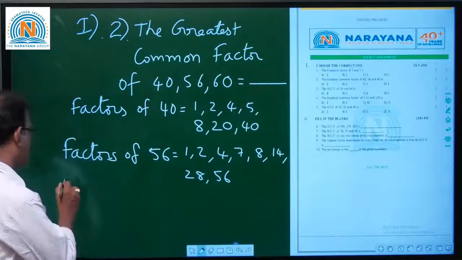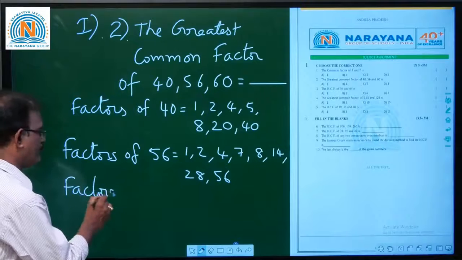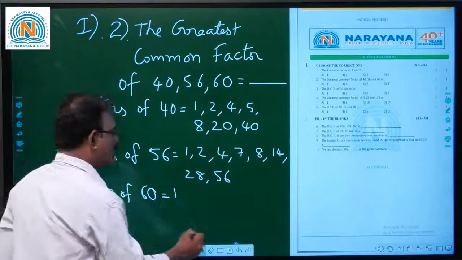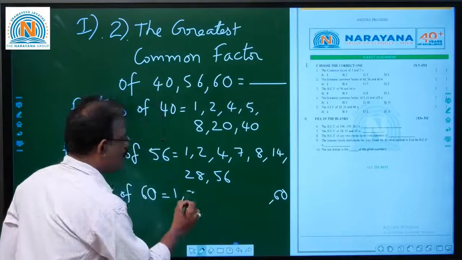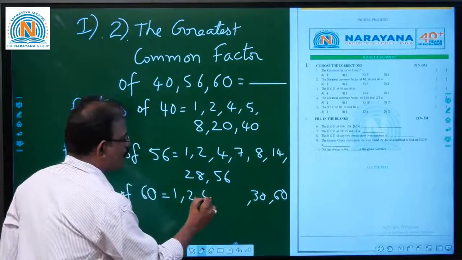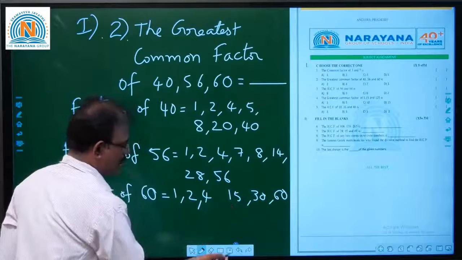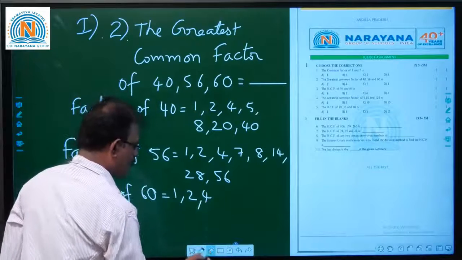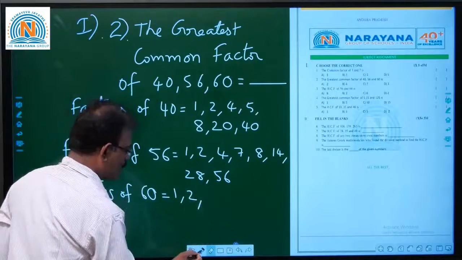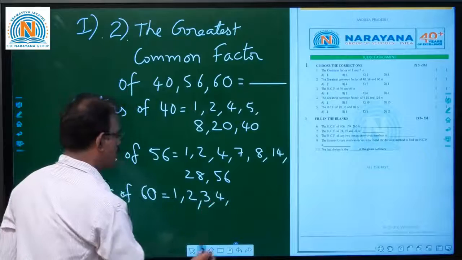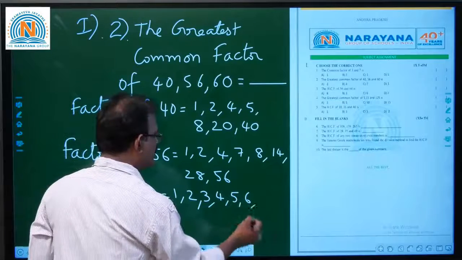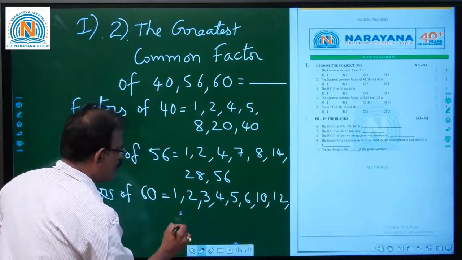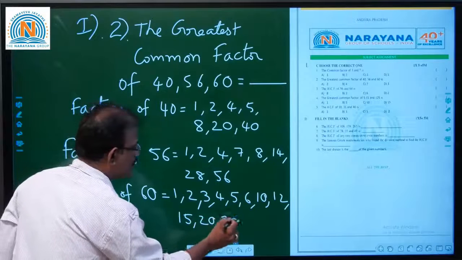Now what are the factors of 60, children? 1 60 is 60, 2 30s are 60, 4 15s are 60, 3 20s, 5 12s, 6 10s are.